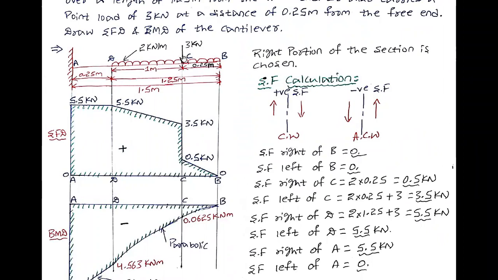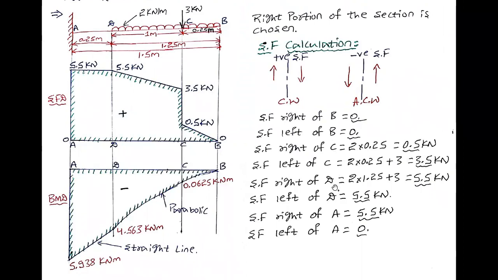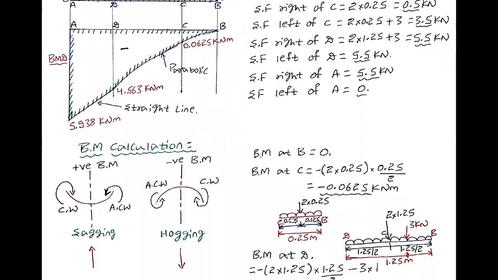To find the bending moment at point C, UDL is there. Here I have drawn the diagram for your understanding; there is no need of drawing this. I'm going to find the bending moment at point C. As per the definition, bending moment is vertical load into perpendicular distance.